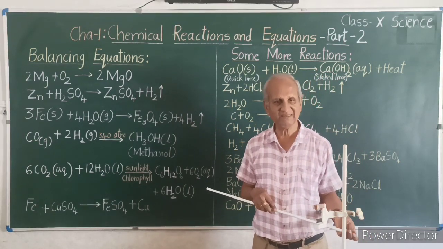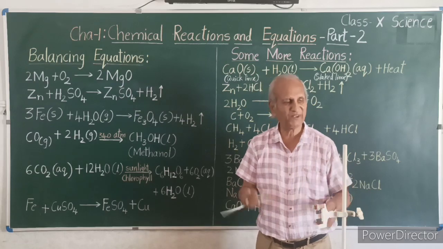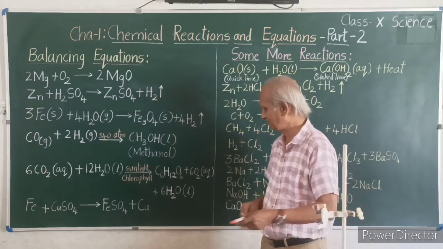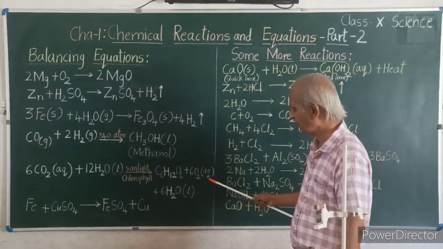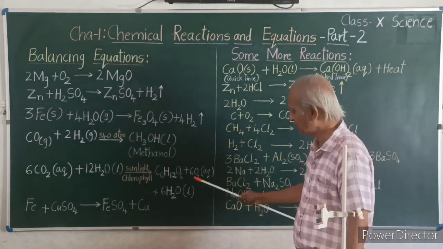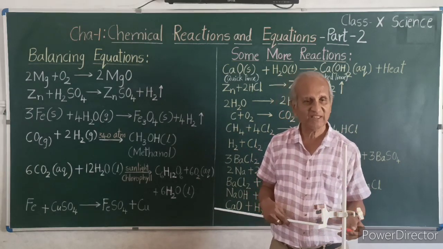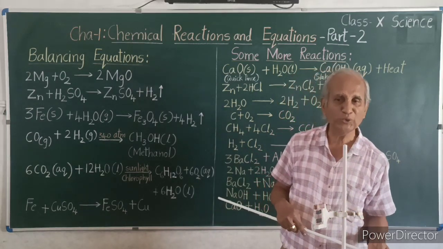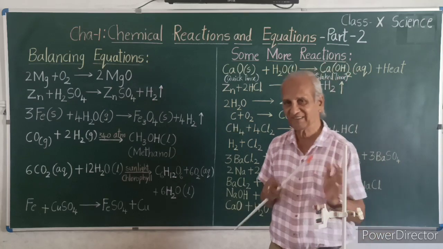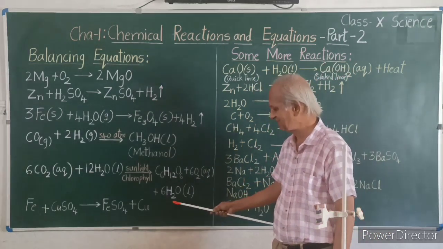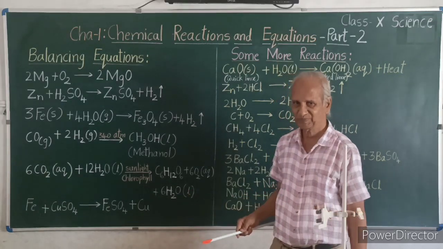Photo stands for light. Synthesis of a new chemical in the presence of light. So photosynthesis. Here 6CO2, aqueous again. Oxygen is given out by the plant in the form of a solution, oxygen dissolved in water, plus 6 H2O.